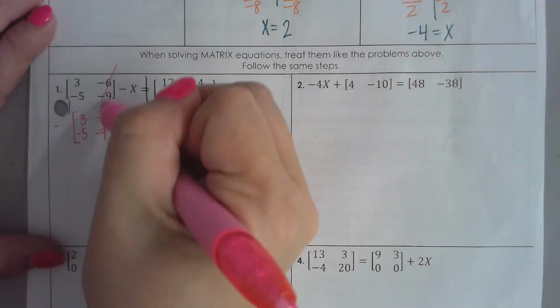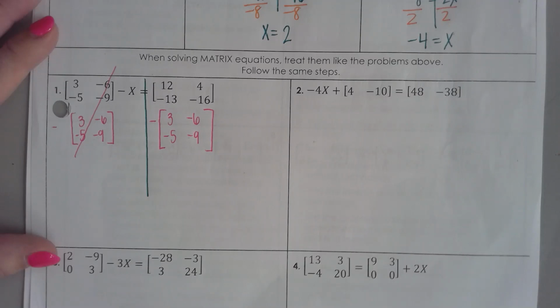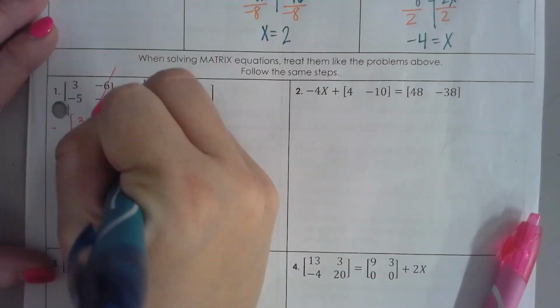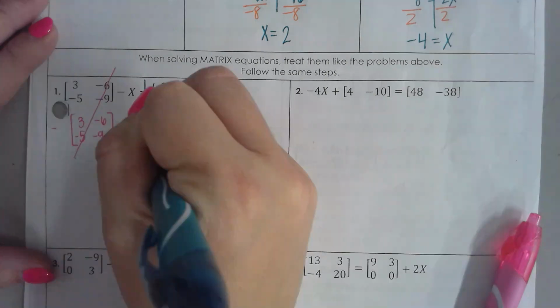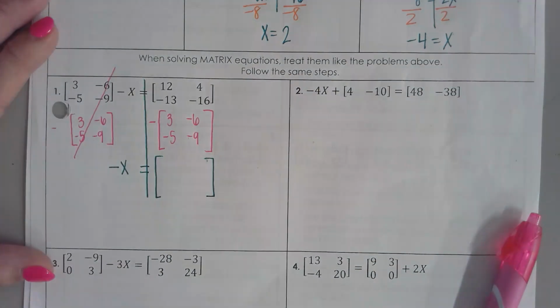So that causes it to cancel. Basically, it just turns into x with another matrix.